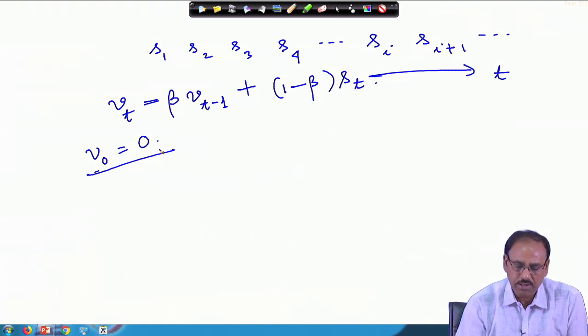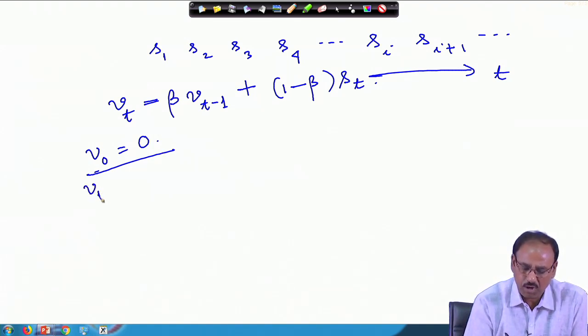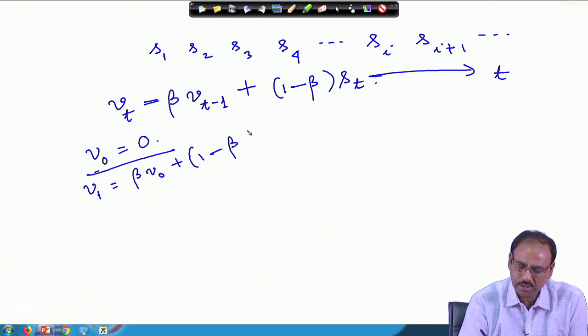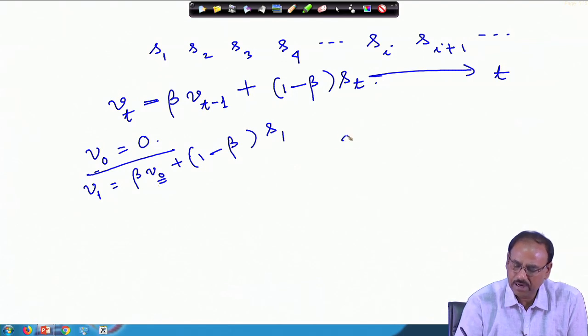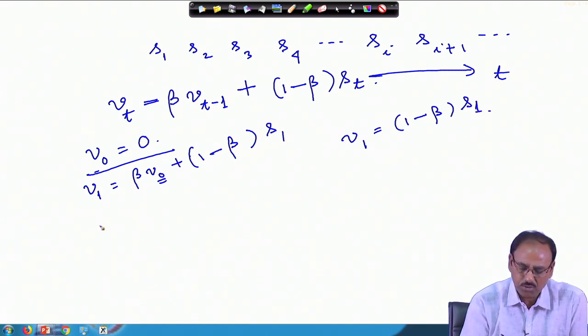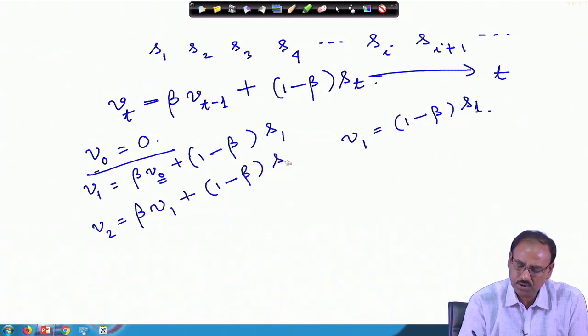Once I initialize V_0 equal to 0, V_1 will be beta times V_0 plus (1 minus beta) times S1. Because V_0 is equal to 0, effectively you get V_1 equal to (1 minus beta) times S1. At time t equal to 2, I get V_2, which is beta times V_1 plus (1 minus beta) times S2.